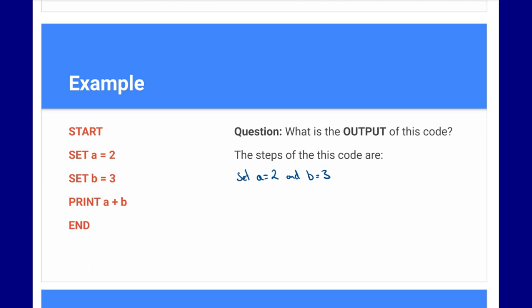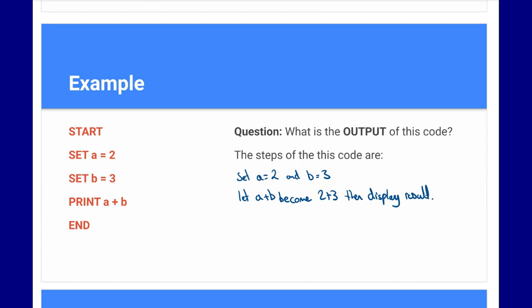Then our code is saying substitute or let A plus B, or add A plus B together. So let A plus B become 2 plus 3, then display the result.